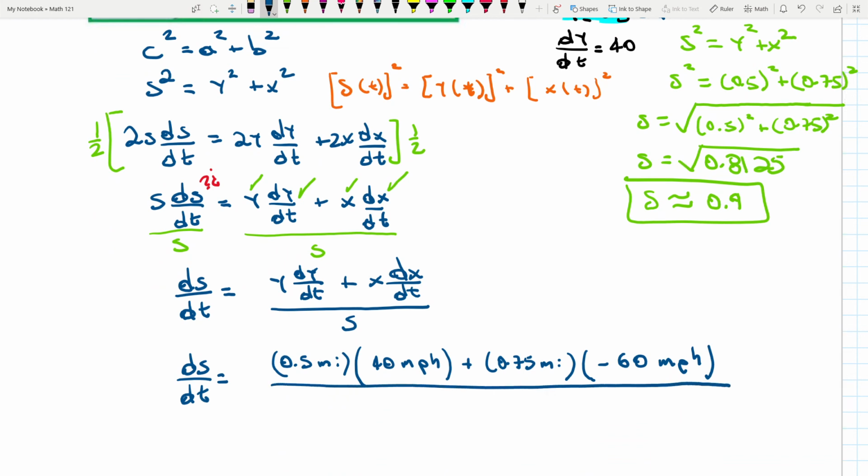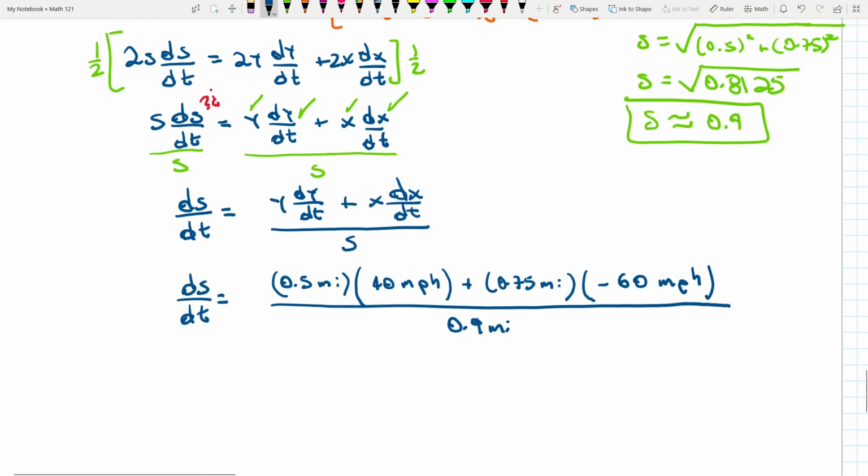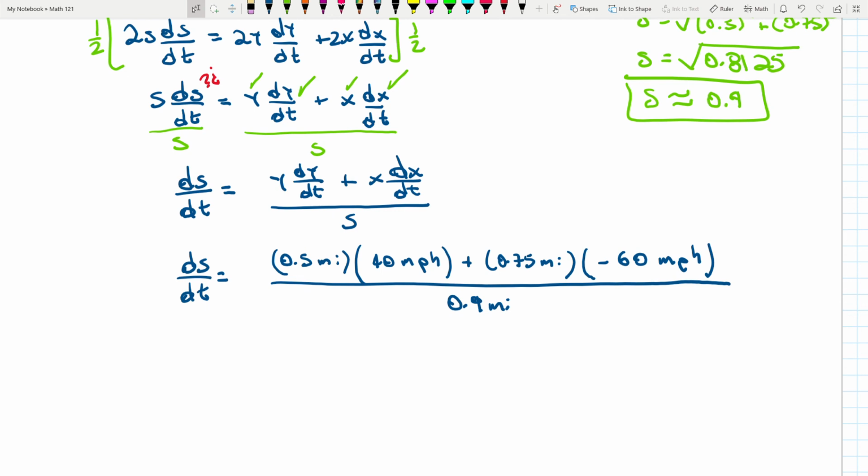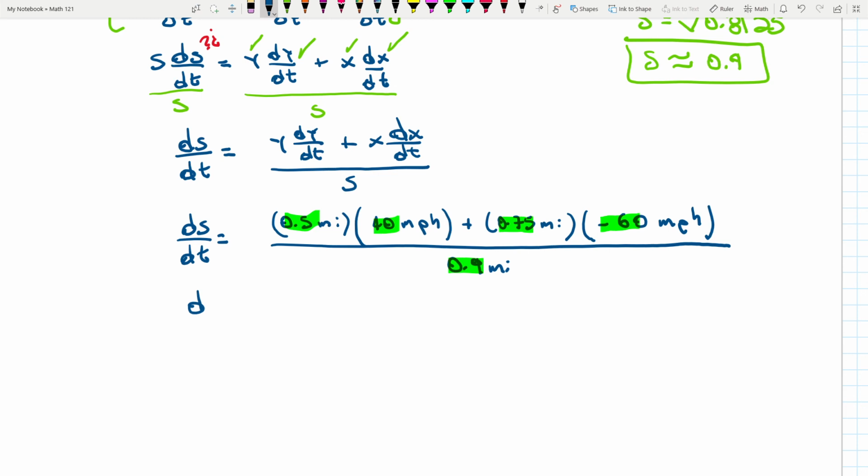Let's divide the whole thing by 0.9 miles. So after doing this calculation, 0.5 times 40 plus 0.75 times negative 60, divided by 0.9, in our calculator you should get ds/dt equals negative 72 miles times miles per hour.